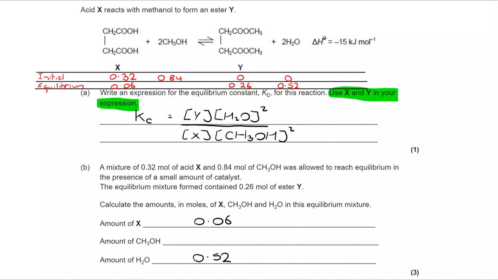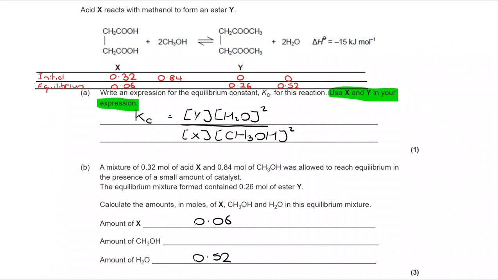What I'm then going to look at is the X, which is a 1-to-1 ratio with Y. 1 mole of X makes 1 mole of Y. So 0.26 moles of X makes 0.26 moles of Y. So that means I've used 0.26 of my initial 0.32. I've got 0.06 moles of X.